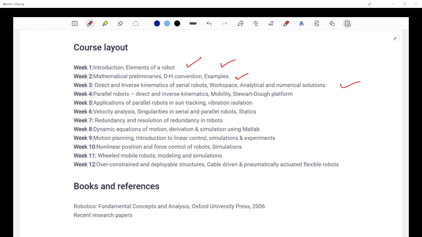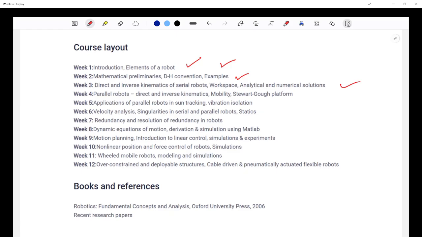Then we also saw what is the mobility of parallel robots. So all of them. And at the end of this week, I think we moved to direct kinematics of Stewart platform manipulators, right? So we did that. Once we did that, then we moved to some applications of parallel robots, where there were many experiments demonstrated right from IISc Bangalore lab, right?